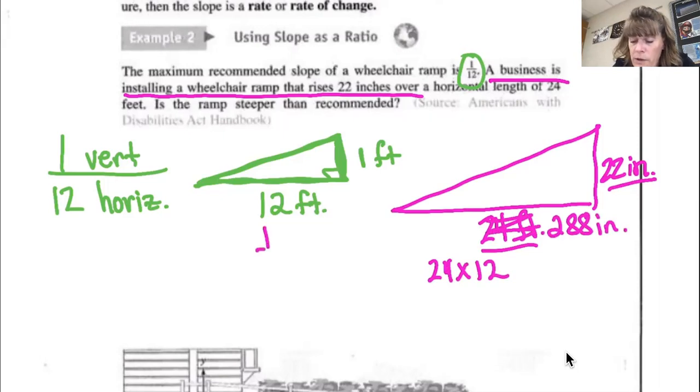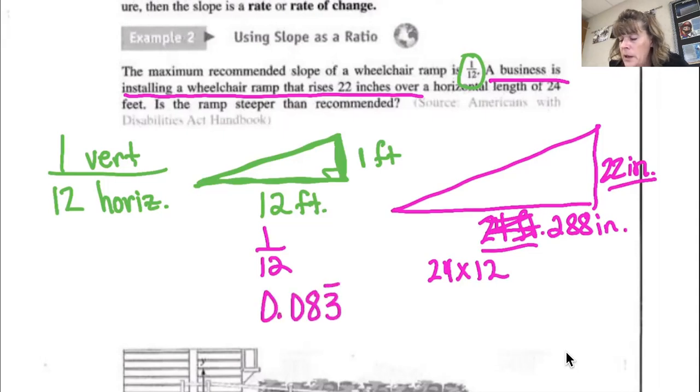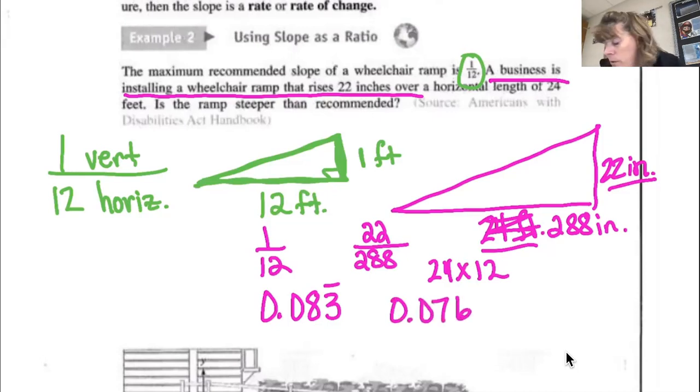Okay, so 1/12 divided out is approximately 0.083 repeating, and 22 over 288 is approximately 0.0763 repeating.